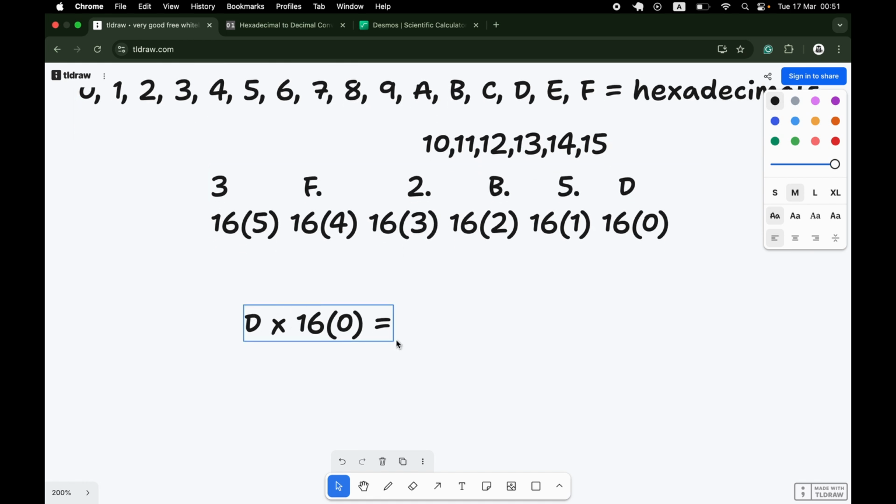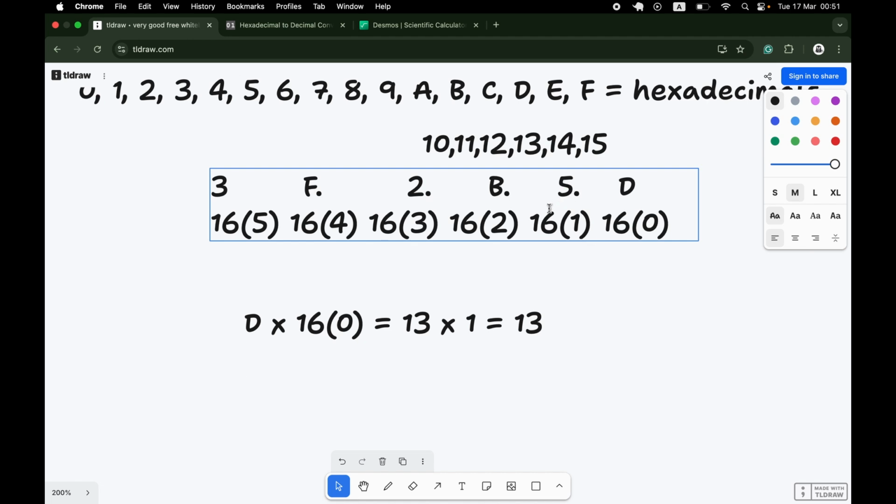So we replace D with 13, and 16 power 0 is 1, so this gives 13. Next is 5, multiplied by 16 power 1, which is 16. So 5 times 16 is 80.